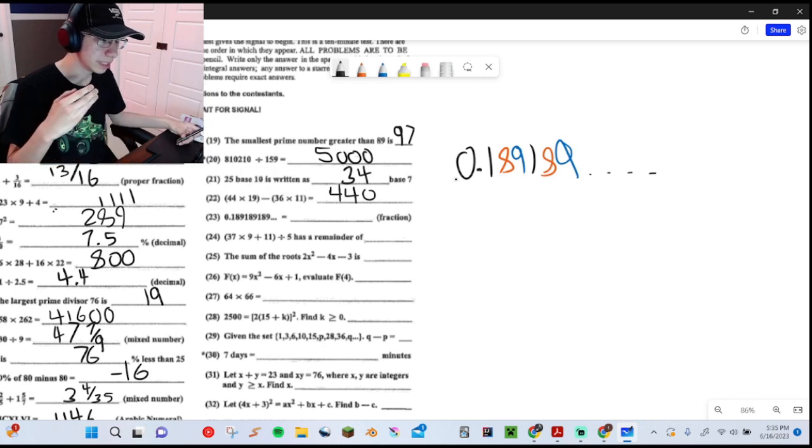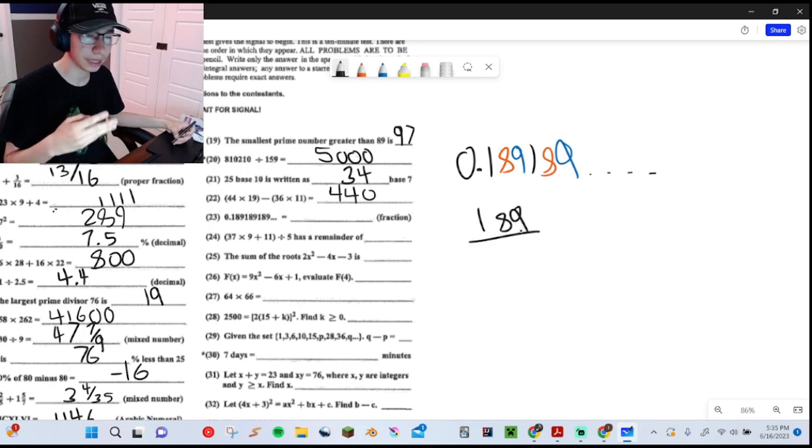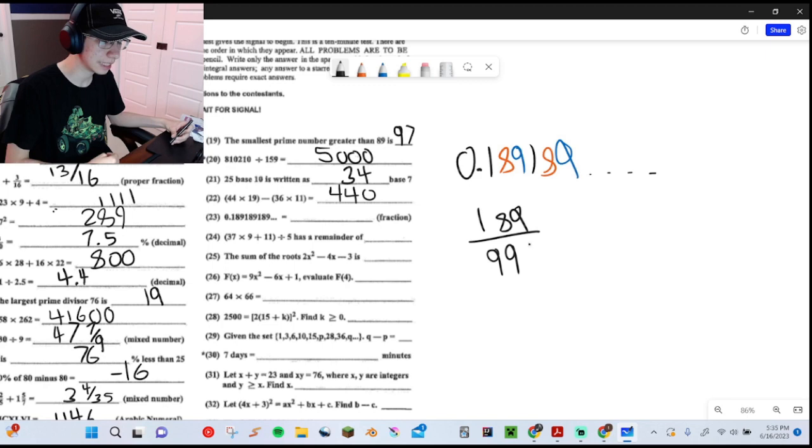And so when you see three numbers constantly repeating like that, it means that the fraction form of this number, it's those three numbers that repeat, so 189. It's that number over 999.